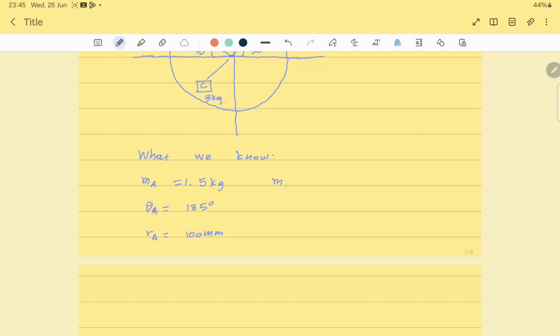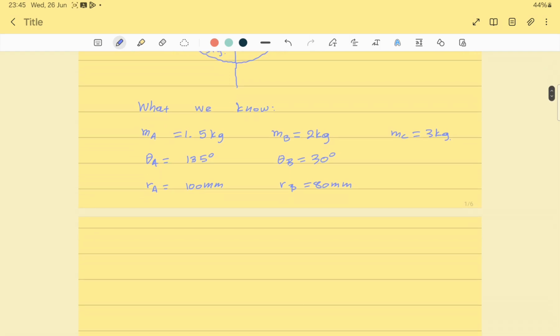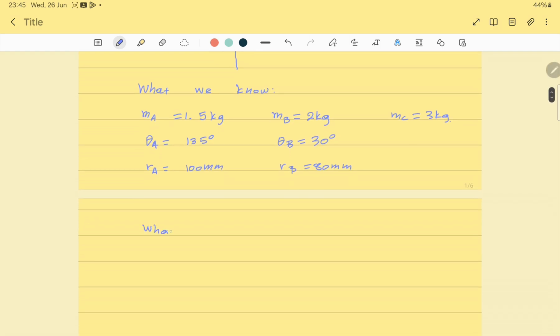For the second body, MB equals 2 kilograms. The angle is 30 degrees and RB is 80 millimeters. And of course we know the mass of C is 3 kilograms, the one that we need to balance the faceplate.